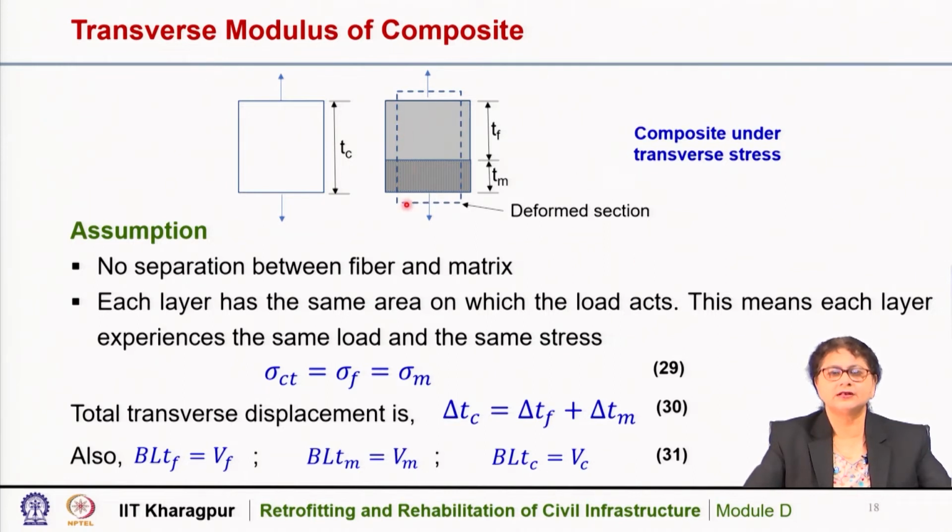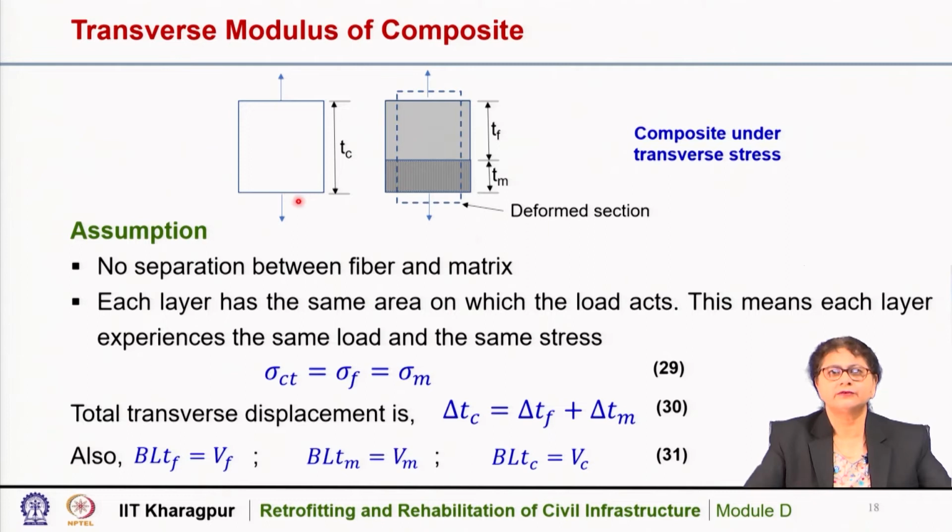As we can see here, this is also an idealized schematic diagram of the composite. The two phases, the fiber phase and the matrix phase, are denoted here, and this composite is under transverse loading. So, this is the transverse load applied on the composite.